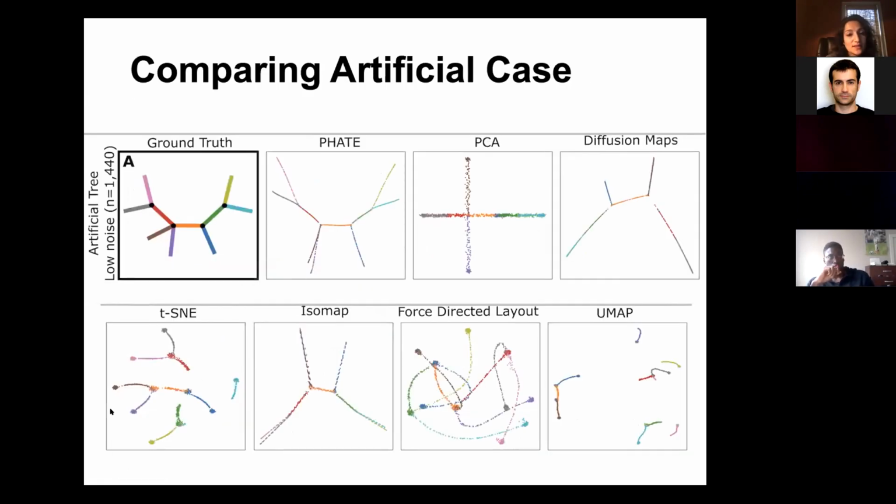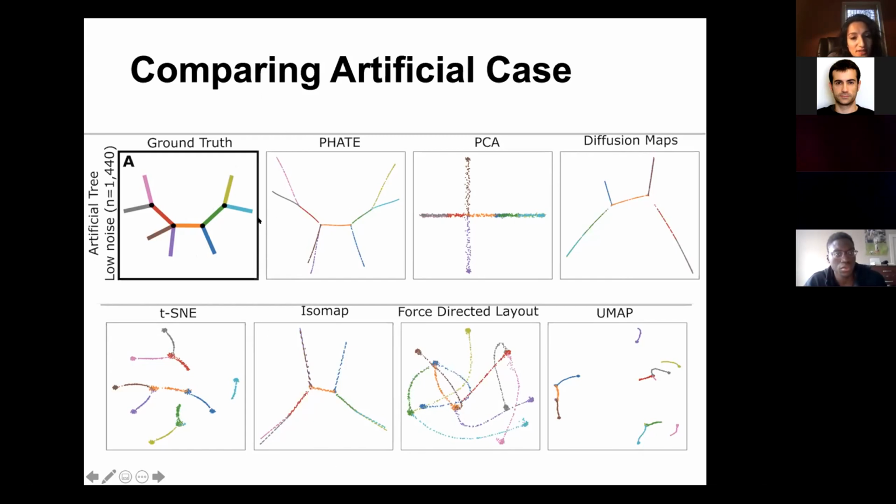And when we compare it on data that's artificial, you see that these visualizations all have different properties. So if you take data that's sampled along this and you add a little bit of noise, or in this case, not much noise, and you try to embed it with these different methods, you'll get different results.